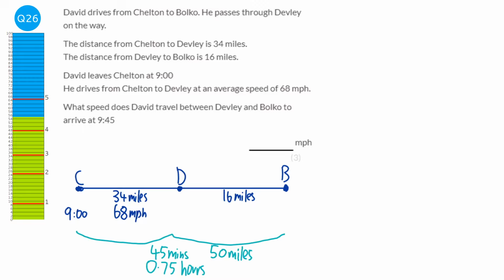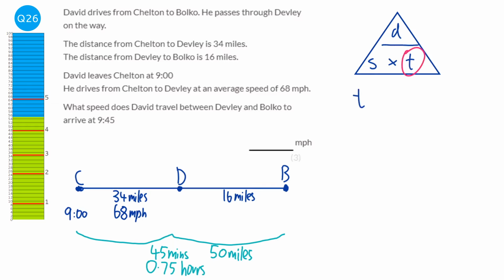Having a look at this, we need to find out what time David was at Devley. So we're going to use our speed, distance, time triangle. Speed equals distance over time, and we're covering up the time, because that's the one we want.